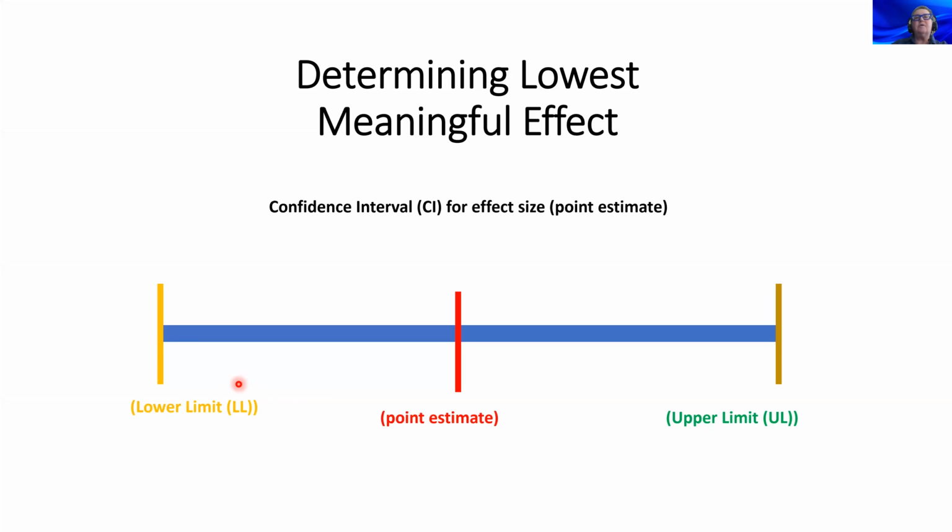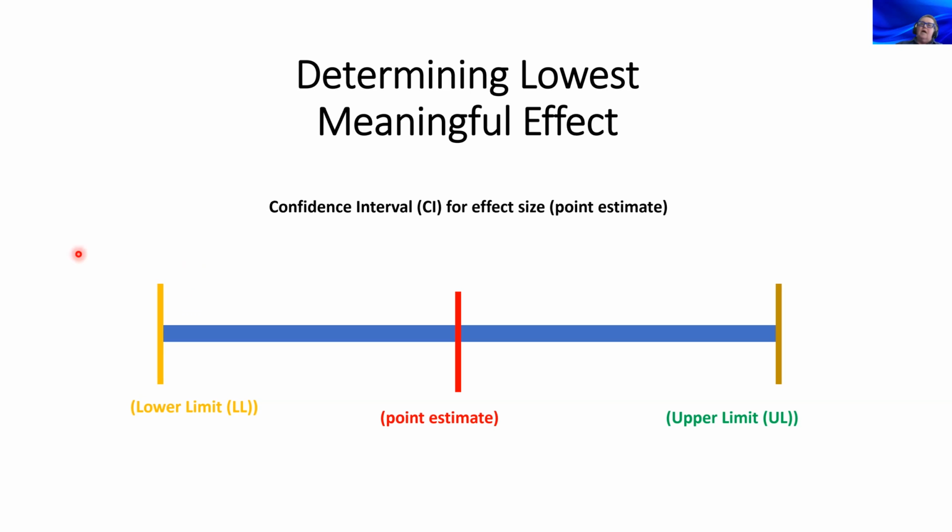So if it's possible, calculate the effect size confidence interval, and go closer to this lower limit of the lowest meaningful effect, because then you have just an increased area in terms of making a wrong decision.